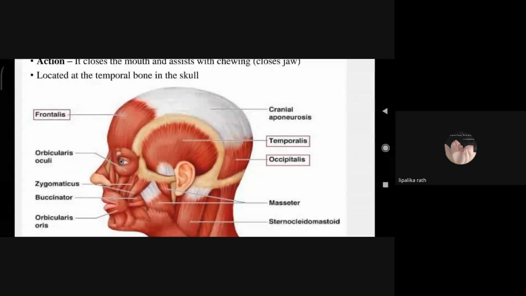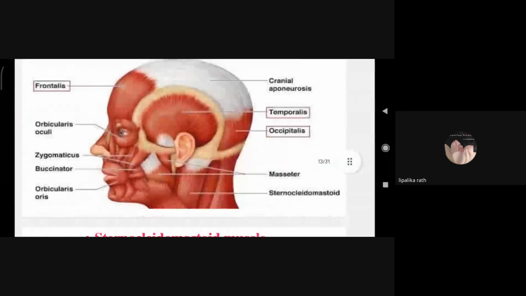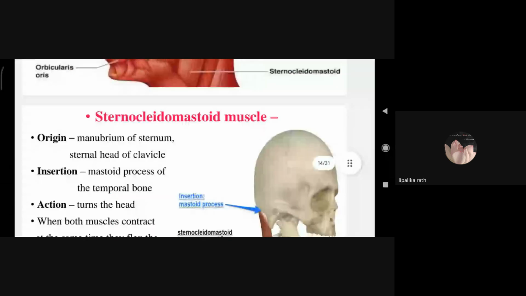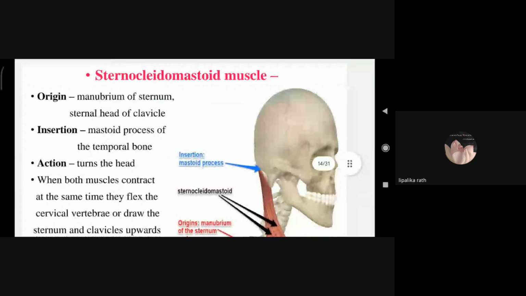Temporal bone is located in the skull. Now, this one is a very important muscle and plays a very important role in our body.